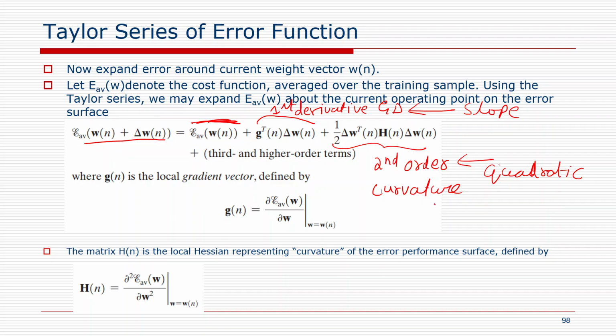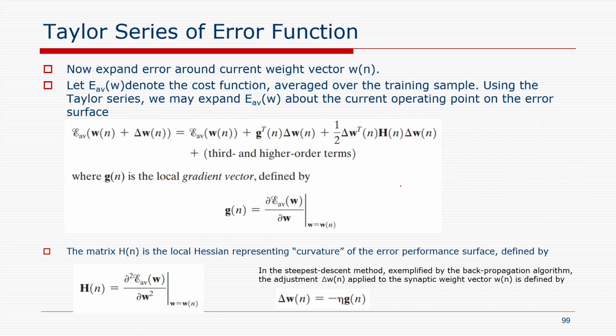We call this a quadratic term because in the gradient descent we have used only the first order term. Up to this point we have used the slope, but we have not used the curvature. Therefore, we go with the conjugate gradient and make use of the second order term and then proceed further.